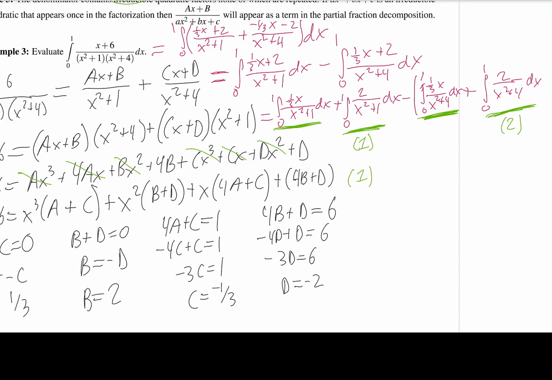For 1, let me use a color to separate all this stuff. For 1, we're going to be looking at the integral from 0 to 1 of 2 over x squared plus 1 dx. So the first thing I'm going to do is pull that 2 out.